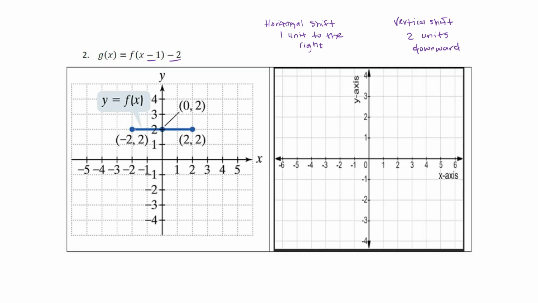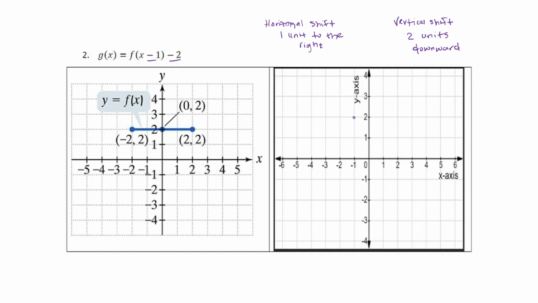So 1 unit to the right would land us at -1, 2. But we know that's not our final point because we have another transformation.